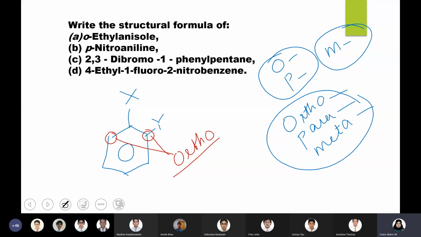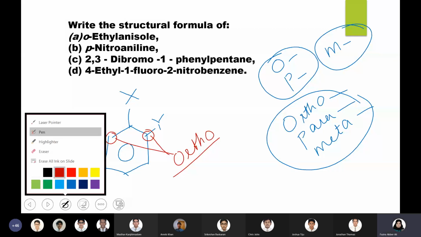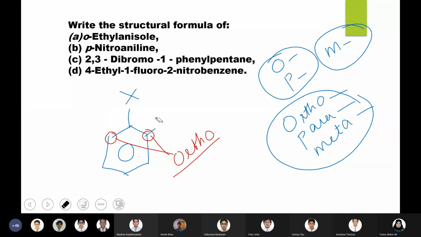I repeat, ortho, para, and meta terminologies are used when a minimum of two substituents are present on the benzene ring. So one will be the major, the prior group, and if the second functional group on the benzene ring is on the adjacent position of the first prior group, that is why these two positions are called ortho positions. That means adjacent to the first prior group. Am I clear?